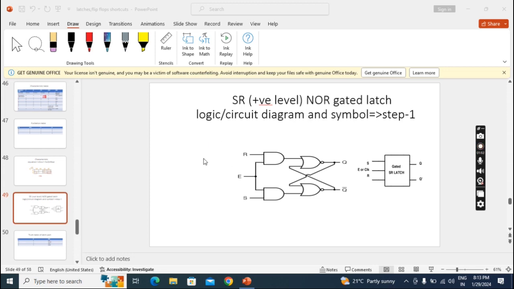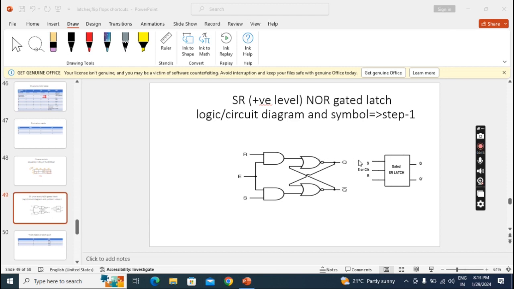That's the reason. But if we take non-gated NAND and NOR latches, they behave differently. The truth table will be different. That's the drawback there. Some more drawbacks are also there with latches. I will discuss them later.